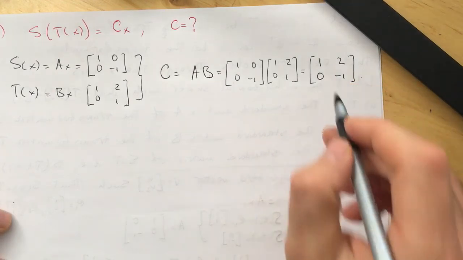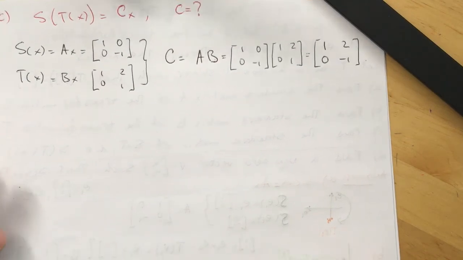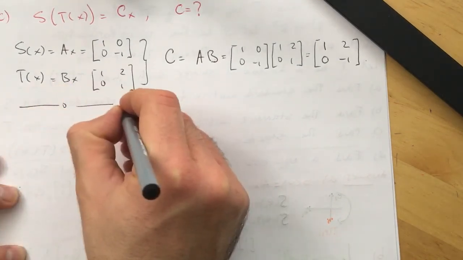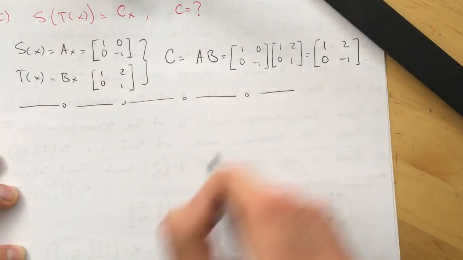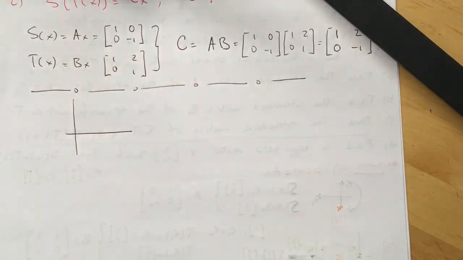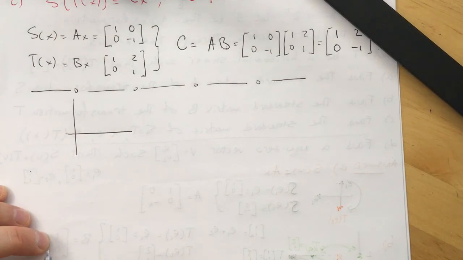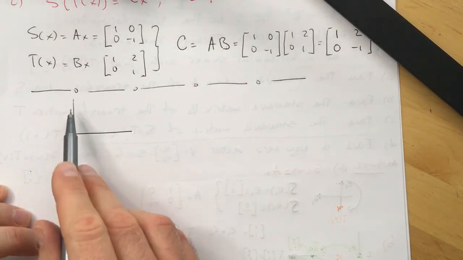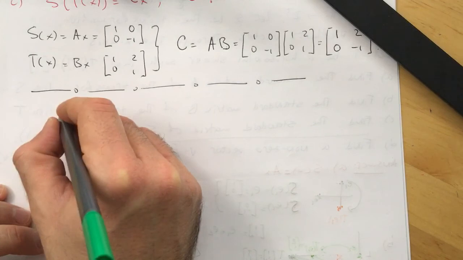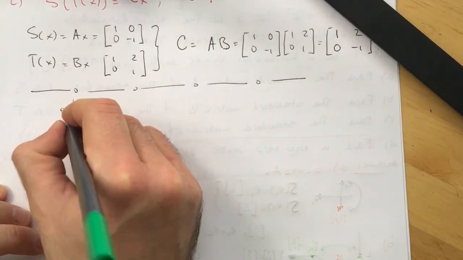Or another way to get the same answer is to look at what is going to happen to the standard unit vectors under this composition of transformations. So let's obtain the same answer by following what this composition will do to the standard unit vectors. Let's say this is e1 and this is e2, my bad.